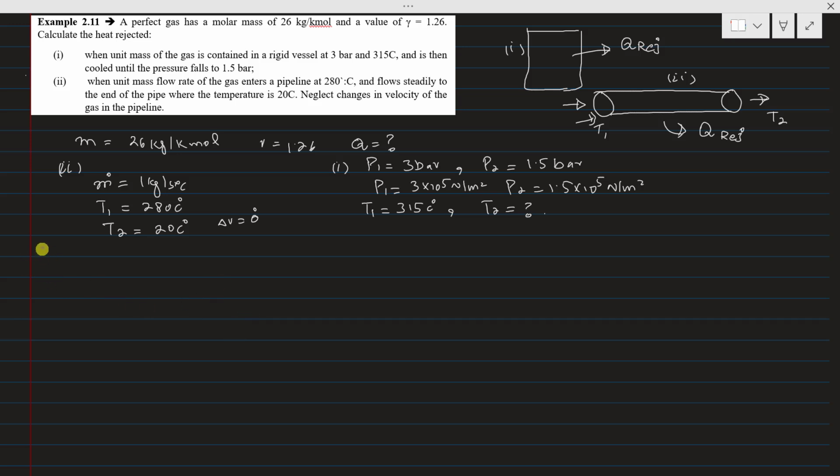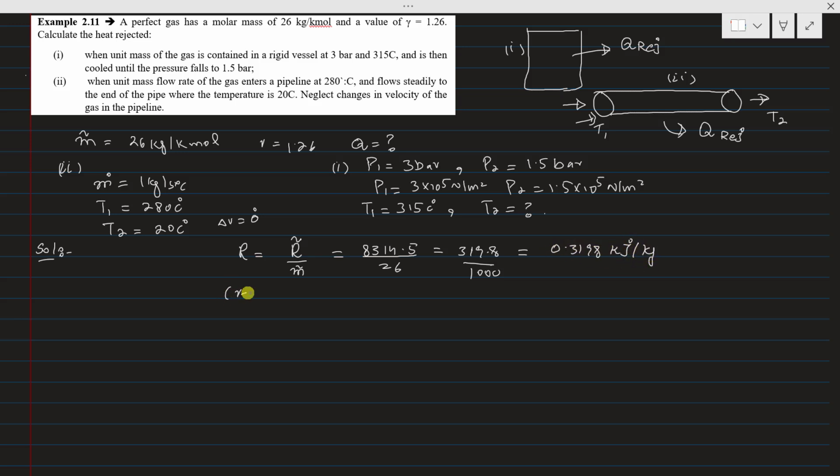So let's come to its solution. The gas constant is equal to the universal gas constant divided by the molar mass. The molar mass is given as 26, and the universal gas constant is 8314.5, so R is 8314.5 divided by 26, and you divide by 1000 to convert into kilo.